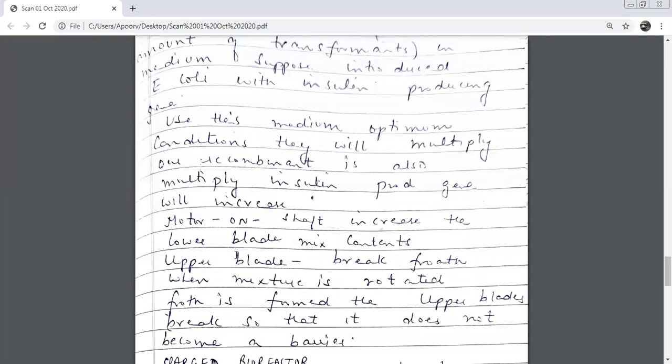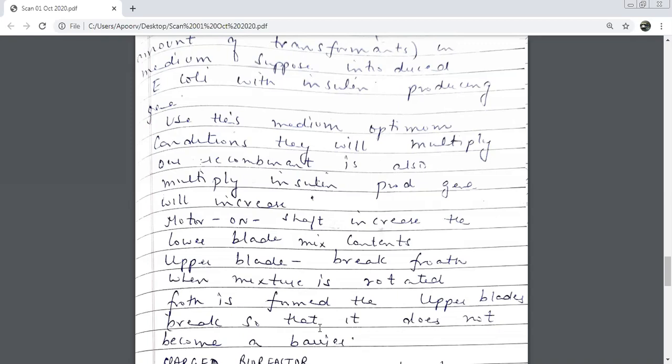Similarly, beta, when your lower blades mix the contents, some froth will be formed. Now this froth has to be broken down. Whenever you rotate your mixture, froth will be formed. These upper blades will break the froth so that it doesn't become a barrier for mixing. After some time, if you don't break this froth, then the entire container will be filled with froth only and the mixing process will stop.